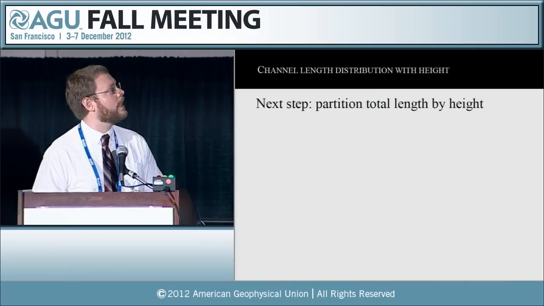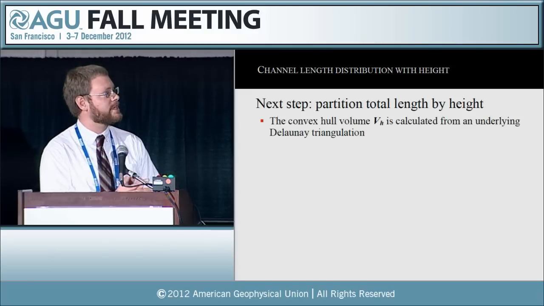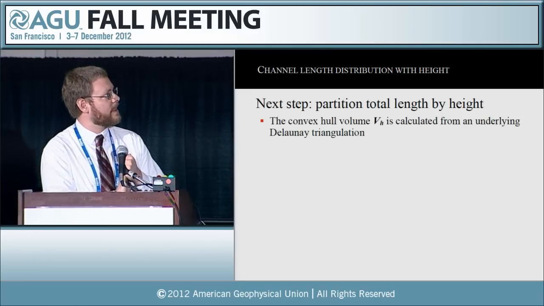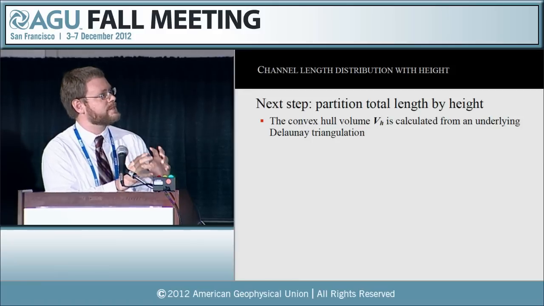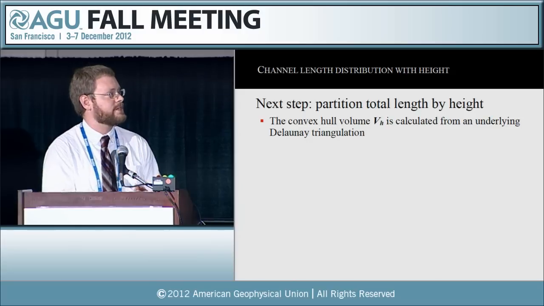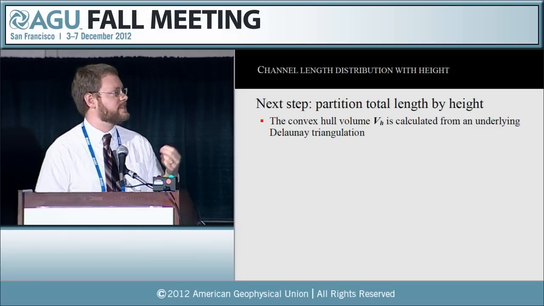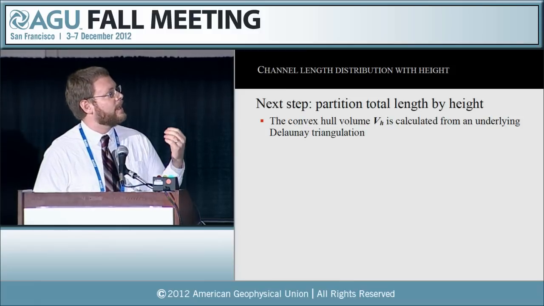All right. Okay, so to try and partition the total length by height, how are we going to do that? The algorithm that's used to calculate the convex hull actually, as part of that, calculates a Delaunay triangulation of the original point sources. So this is a natural neighbor connectivity.